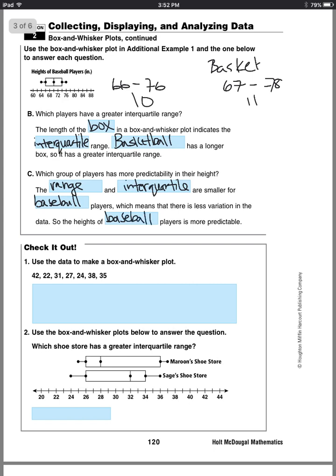Okay? So, greater means the greater the box, and the more predictability would be the smaller the box. Do number 1 and 2. Okay? And get them checked.